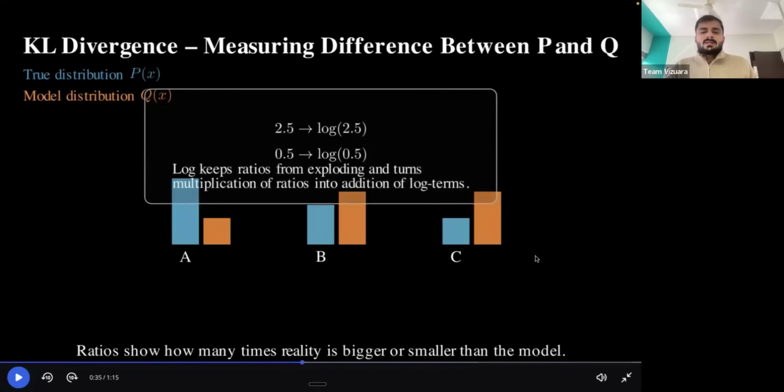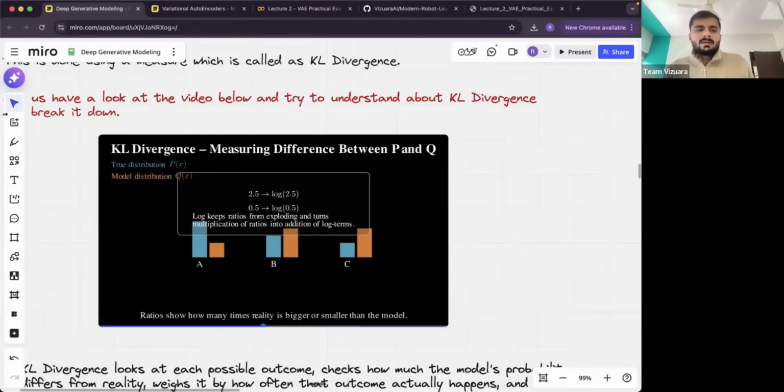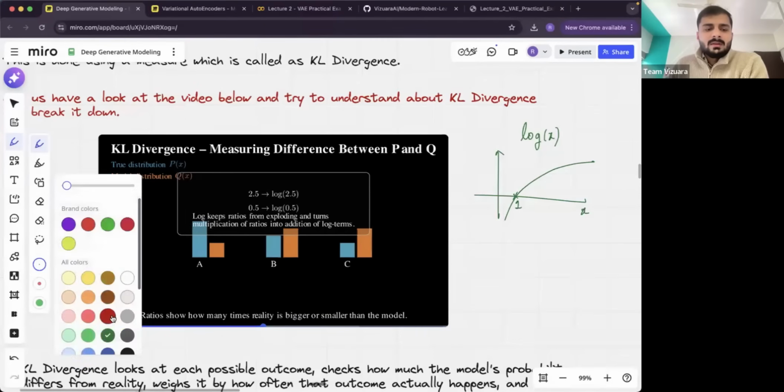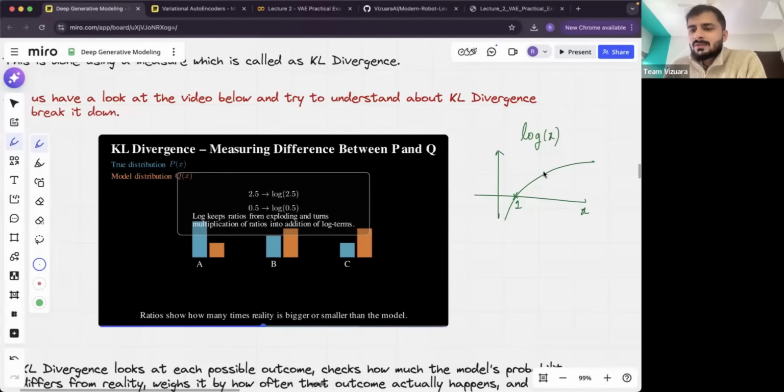Now, something which captures this is the logarithm of any function. So before we go ahead, this is the plot of log of x. This is x equal to 1. So now what we saw from this is for ratios which are in this range, very high, this is underestimation. And this is overestimation.